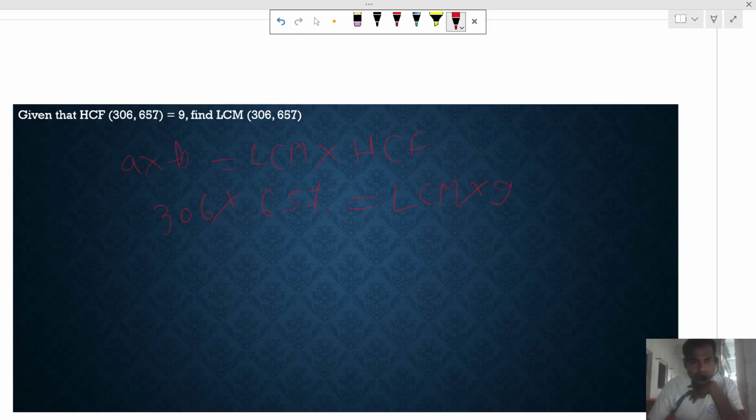Cancel out and get the answer. We will cancel out this 9. 9 ones are 9, 3 there are 3 and 4. The LCM will be 657 into 34. 4 sevens are 28. That will be, the unit digit of the answer will be 8. You can calculate it. I hope you can multiply it.